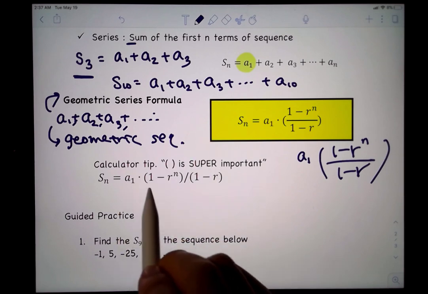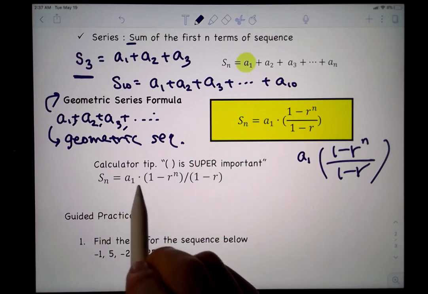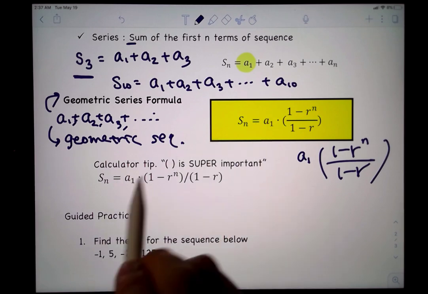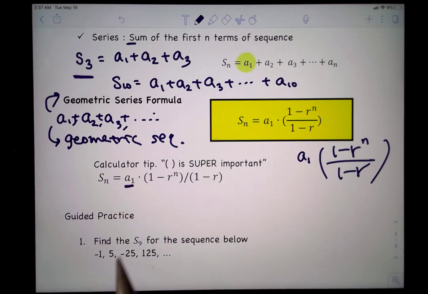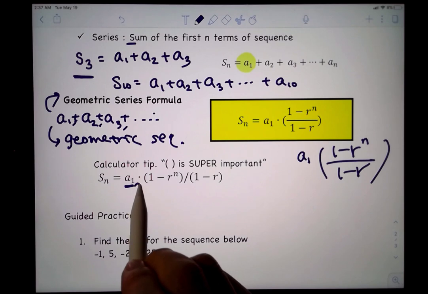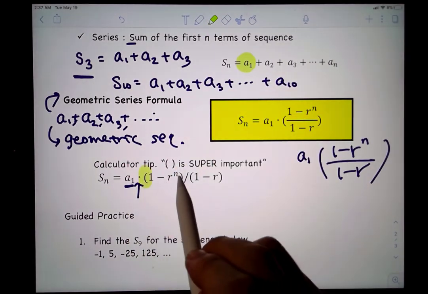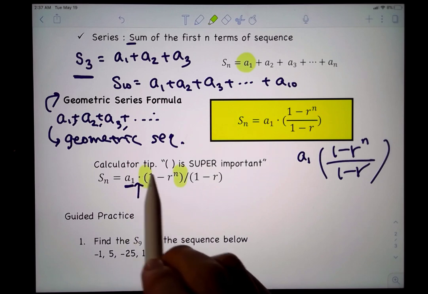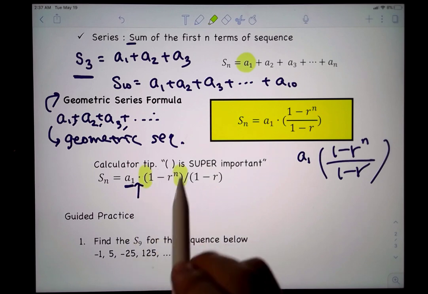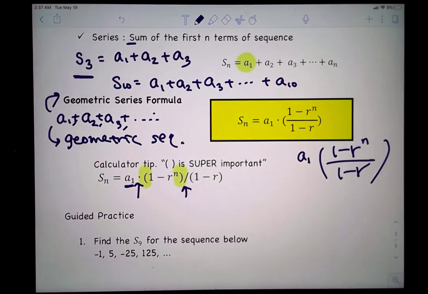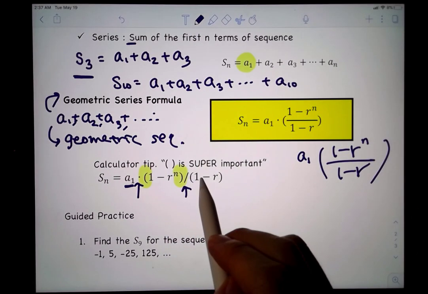So this is my tip. When you calculate it on your calculator, type your a1 first, then press multiplication and open your parentheses. This is super important. Open your parentheses and put 1 minus r to the n power, close, and then divide, and put another parenthesis.